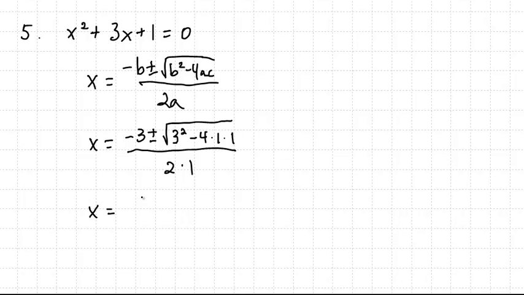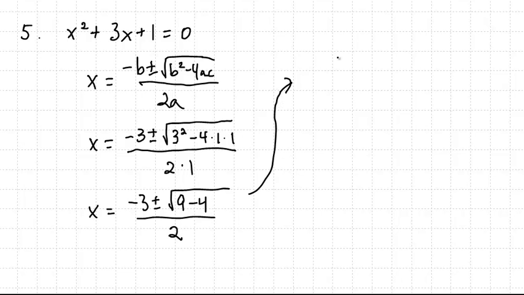So x is negative 3 plus or minus the square root of 9 minus 4 all over 2. So x is negative 3 plus or minus the square root of 5 over 2. There's nothing left to simplify or cancel out, so this is the solution to this equation.